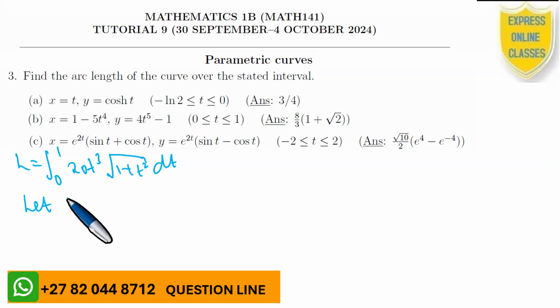If you let u be the same as 1 plus t squared, du/dt is 2t.